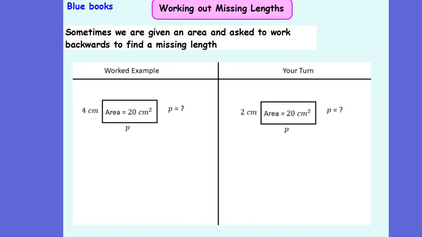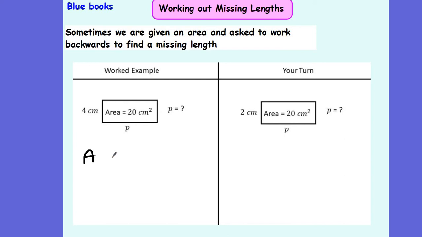So sometimes we're going to be given the area and asked to work backwards to find a missing length. So I'll go through one example and then there's one for you to do. You are welcome to do this in your dark blue book. Here's my example. I've got a rectangle with an area of 20 centimetres squared and I know my height is 4.